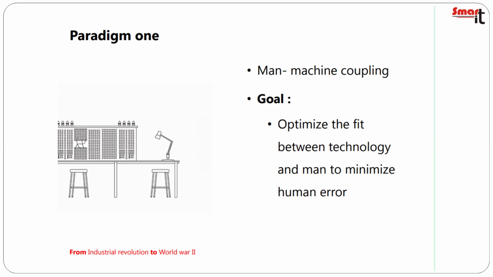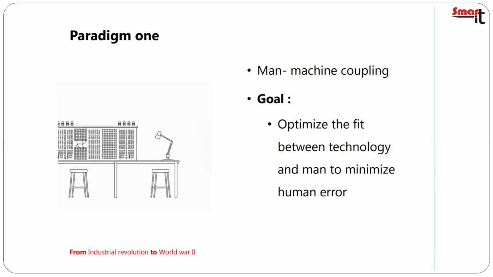This paradigm one is from the industrial revolution to the Second World War. In that time period, HCI designers tried to fit people with the machine or the technology, and their sole goal was to minimize human errors. We must fit to the technology.